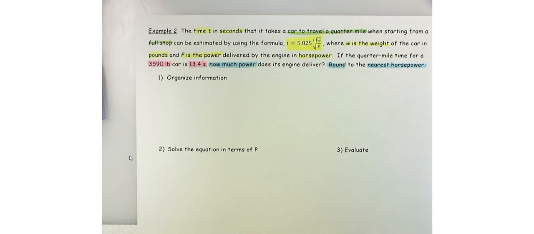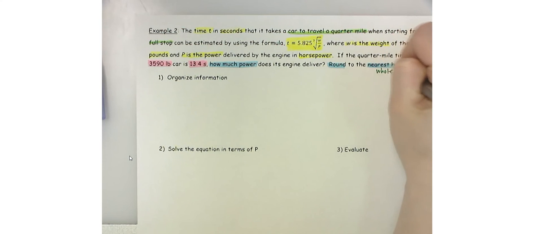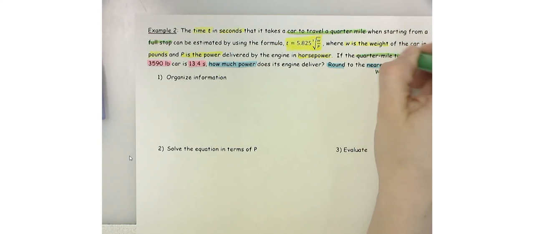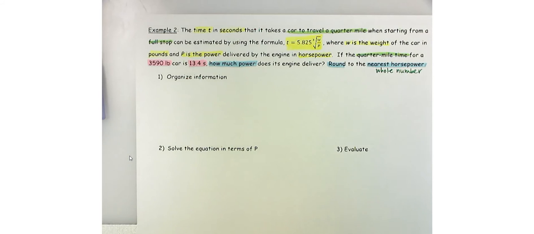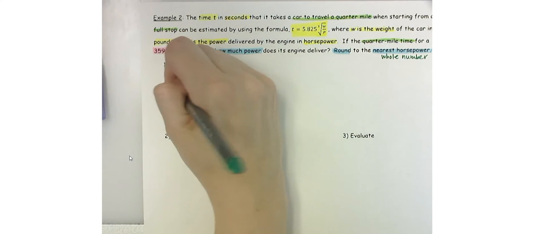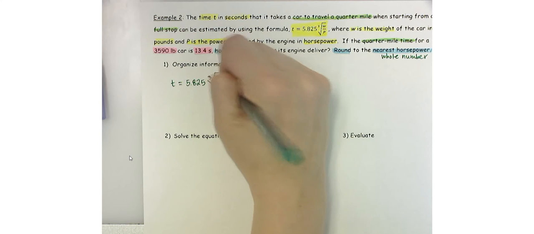So when you're organizing your information, I have to imagine the top thing on your list is going to be that equation. We obviously have this on our paper. If you have this from your textbook, this is what you're going to be writing down on your paper. And then we're just going to organize what our variables mean. So the T is going to be your time, in seconds.